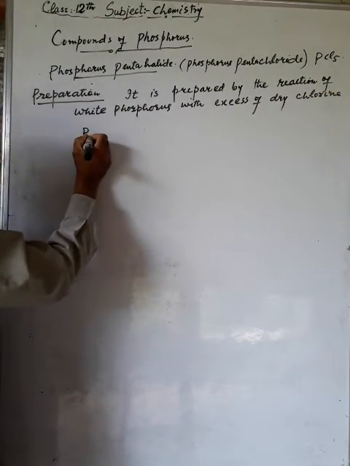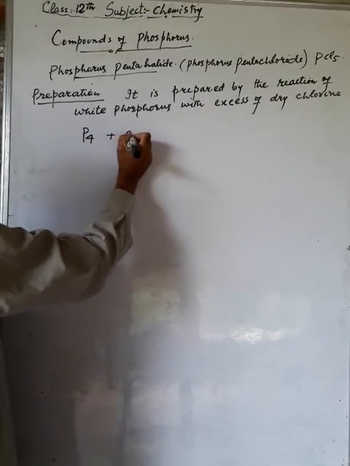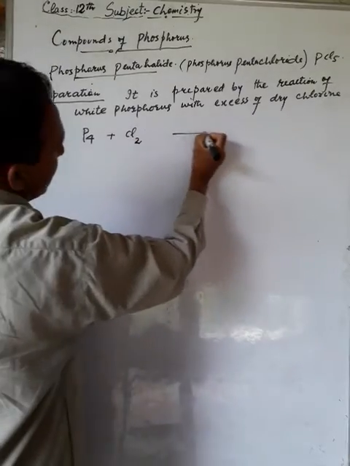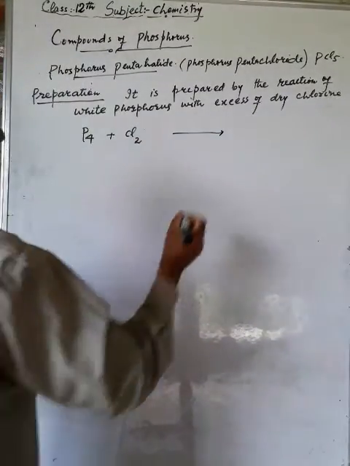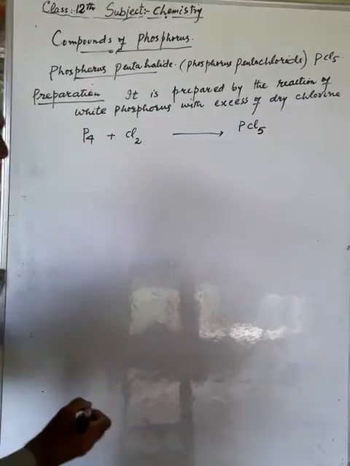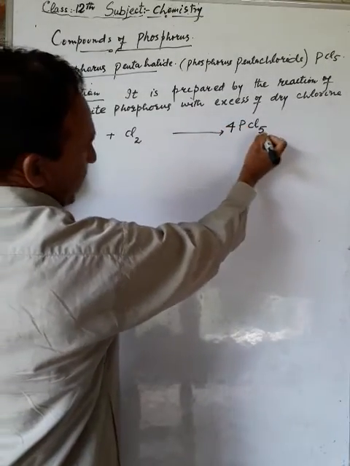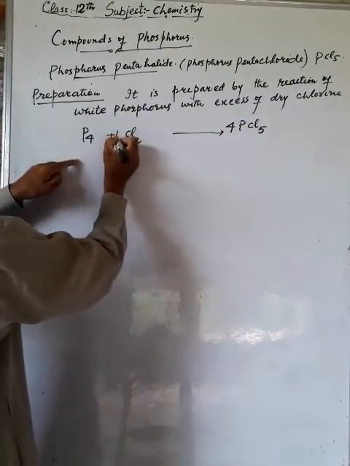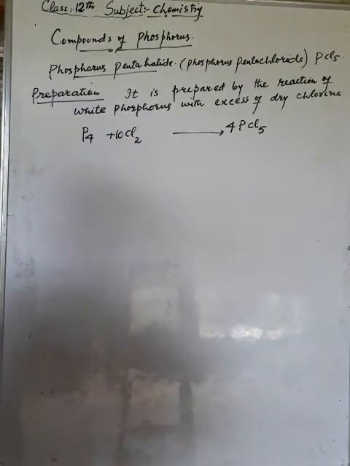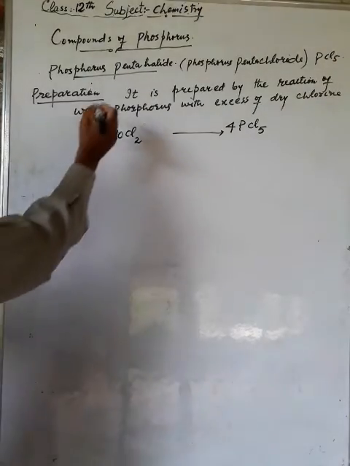So we will take white phosphorus and chlorine, and we get PCl5. Now we will balance it. Phosphorus is P4, so we have to multiply it by 4. 4 5s are 20, Cl20, so we have to multiply Cl2 by 10. So the first method of preparation is by the reaction of white phosphorus with excess of dichlorine. This is number first.